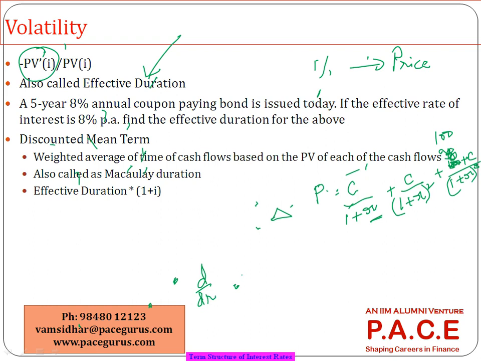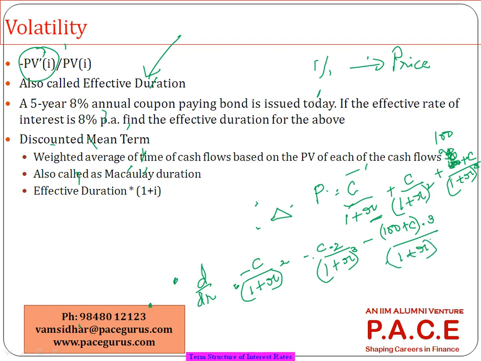So what will happen, just assuming that your concepts of derivatives are fine, we get minus C by 1 plus R squared, minus C into 2 by 1 plus R cube, minus 100 plus C into 3 by 1 plus R to the power 4, right?